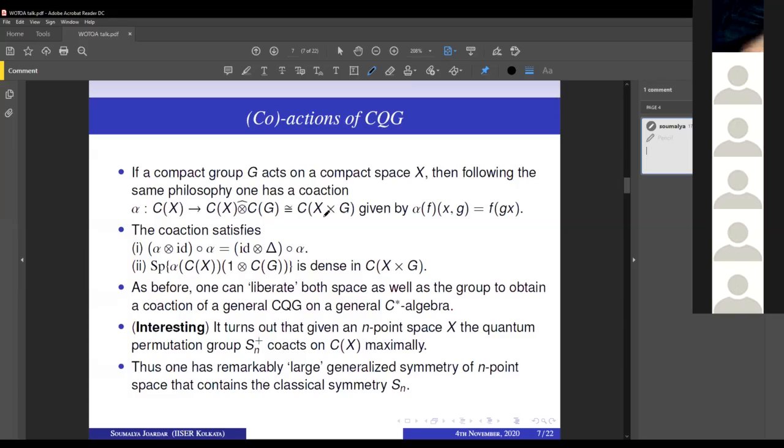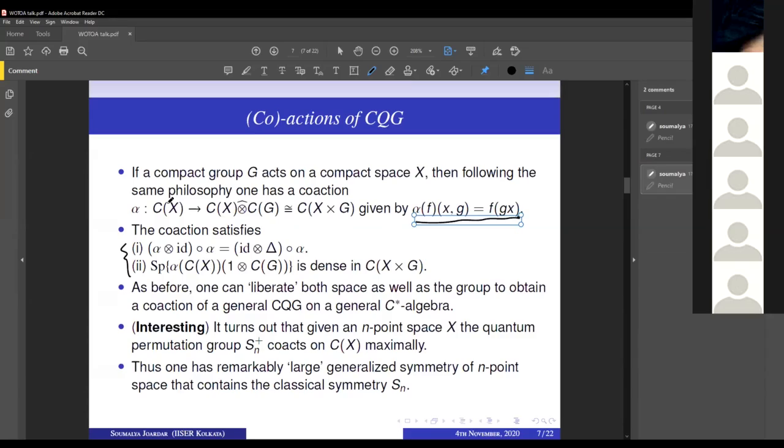And this we can identify with C(X cross G), and one can check, using the group action on the space, one can define alpha(f), and this lands here, the image of alpha, and the coaction satisfies these two conditions. These two conditions completely encode the group action, the fact that G actually acts on it. So as before, now liberate both the space as well as the group.